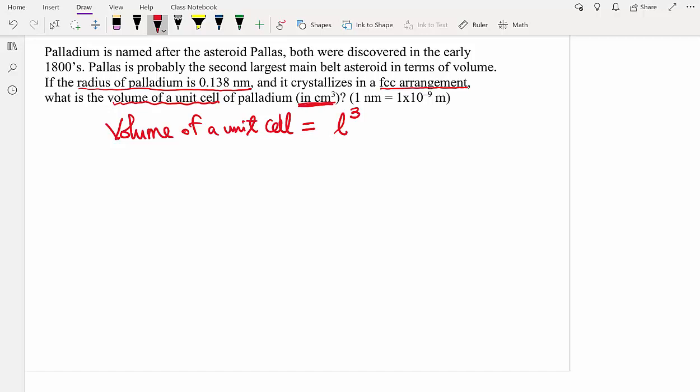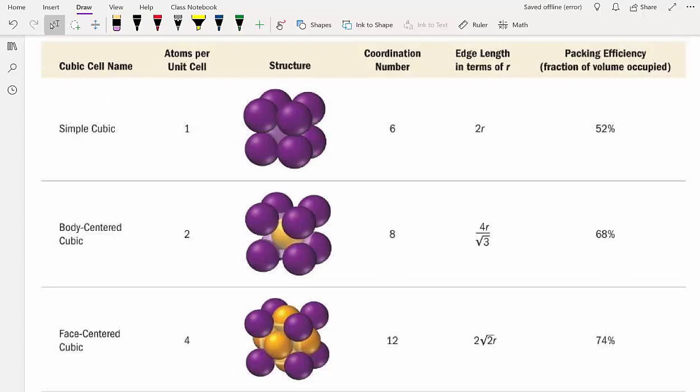If you remember from this slide, we related the length of the edge of a unit cell to the radius of the atoms that make up the unit cell.